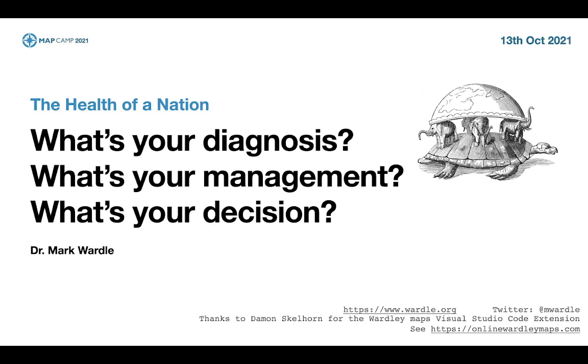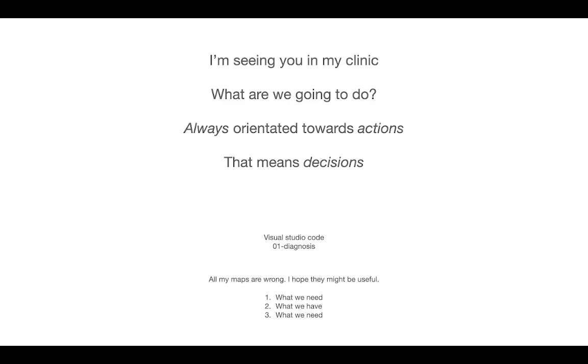I'm a consultant neurologist really, but I'm going to be talking about diagnosis, management and decision making and the use of data in supporting the health of a nation. So our default must be that we're always orientated towards action. So that means making decisions.